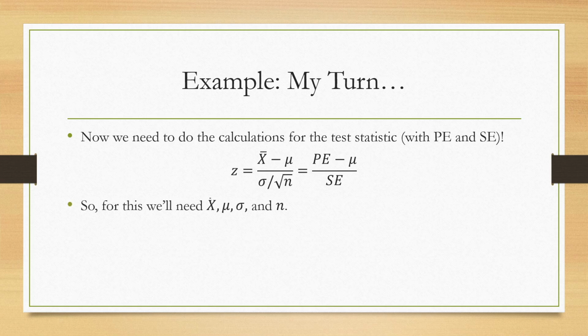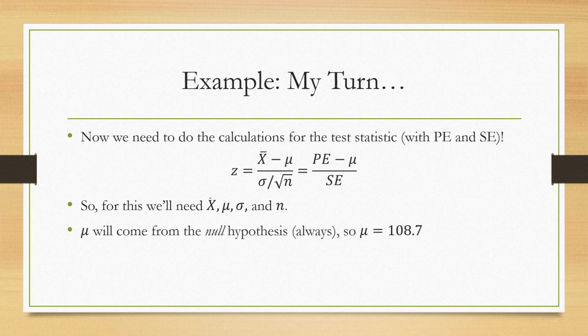So for this, again, I love to just look at plugging in the values that we need. So we have 1, 2, 3, 4 values that we need to pull out of the data. The mu we'll start with, this always comes from the null hypothesis. So in the null hypothesis, we have hypothesized as our default belief that mu is 108.7.